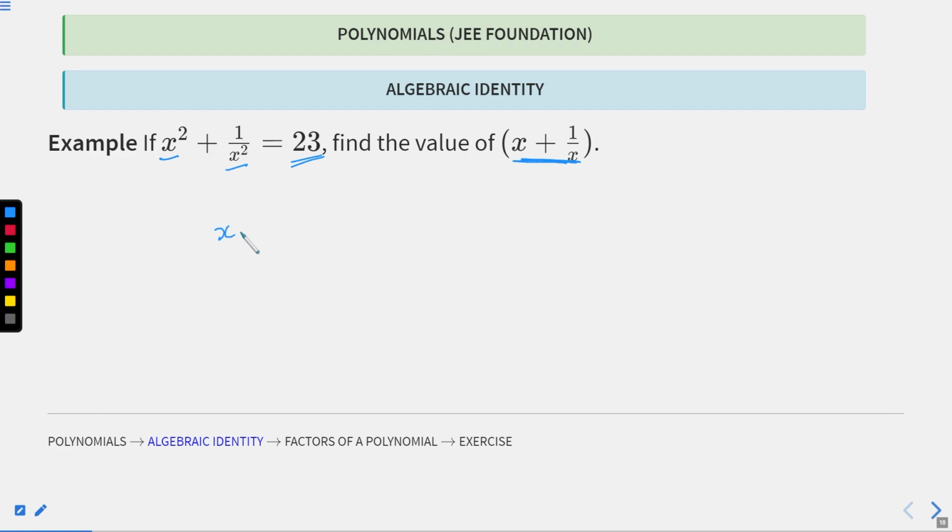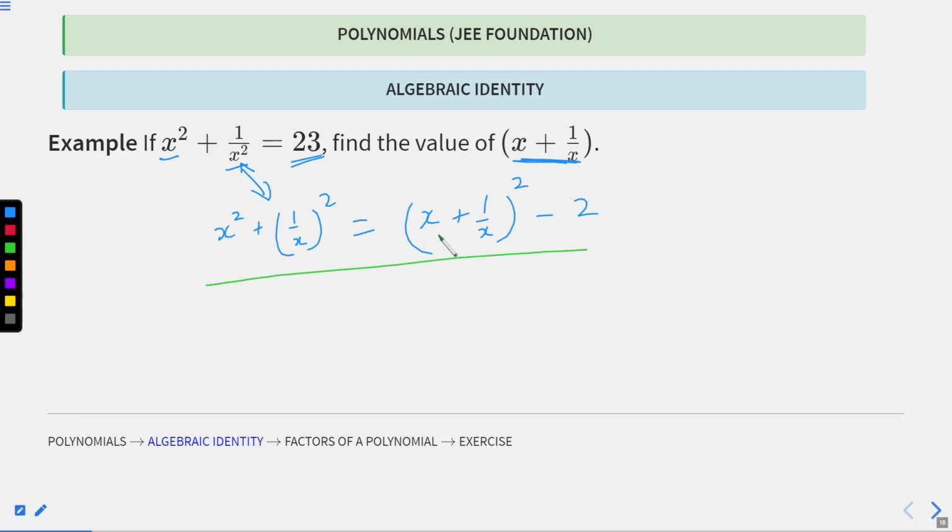If you recall, a square plus b square is the same thing as (a plus b) whole square minus 2ab. So x plus 1 by x whole square, if you remember, is equal to x square plus 1 by x square plus 2.